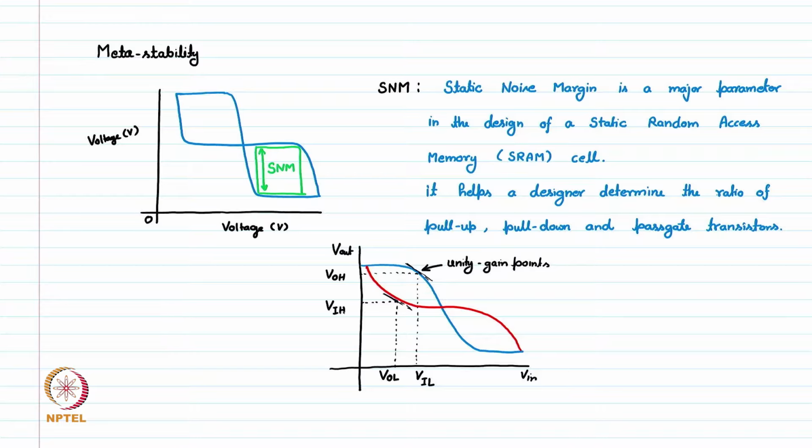So now we have these four important parameters which are very important for designing or connecting various gates together.